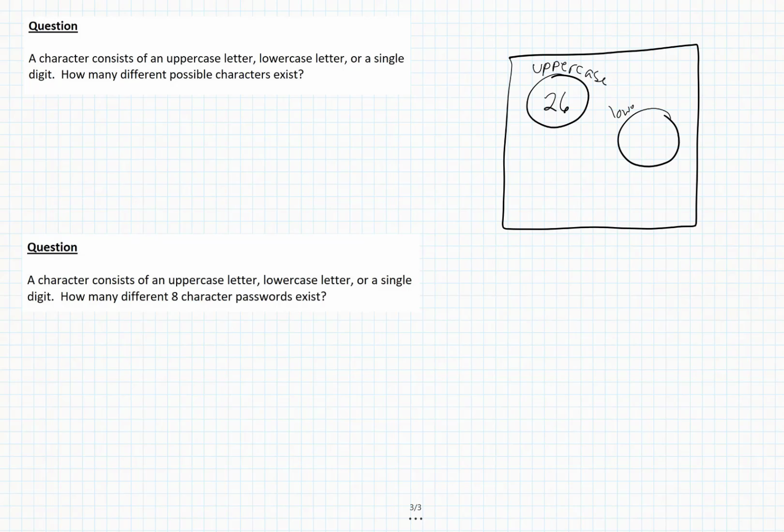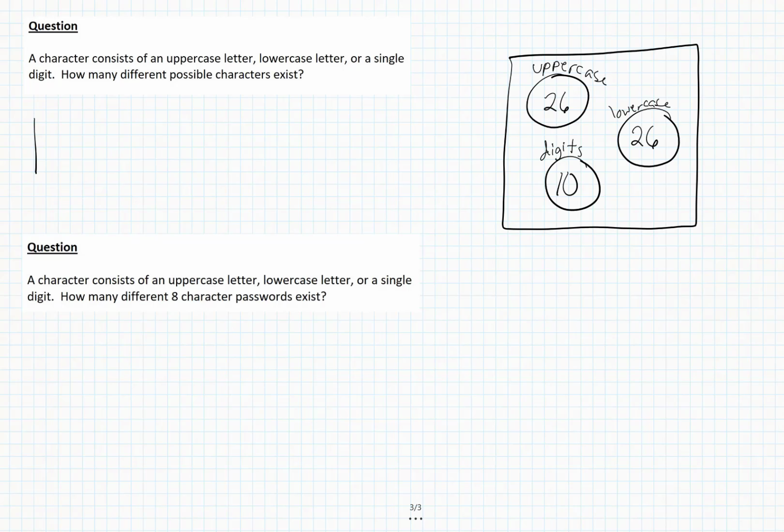Even though they're both letters, there's a difference between uppercase and lowercase when it comes to characters. So there's 26 uppercase letters in the American alphabet, and there's 26 lowercase letters. And for our digits, let's think, you have 0, 1, 2, 3, 4, 5, 6, 7, 8, 9. So that gives us 10 digits in total, even though most people say 9 immediately. It is 10 because of that extra 0 there.